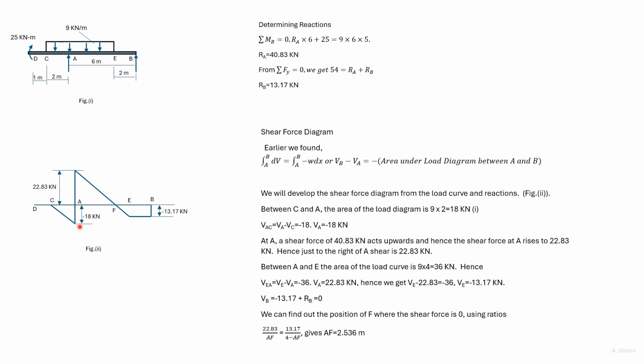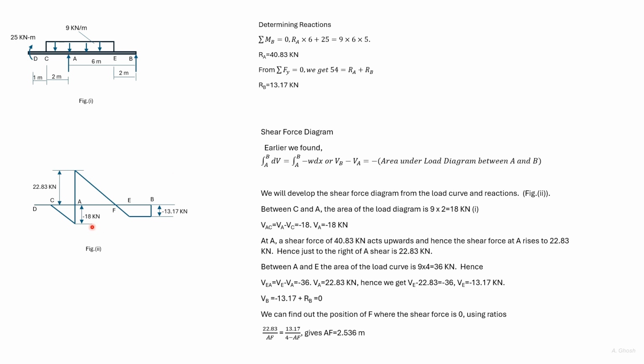So here we have plotted VA. The shear force at C is 0 and the loading here is constant. So we join these 2 points by a straight line.